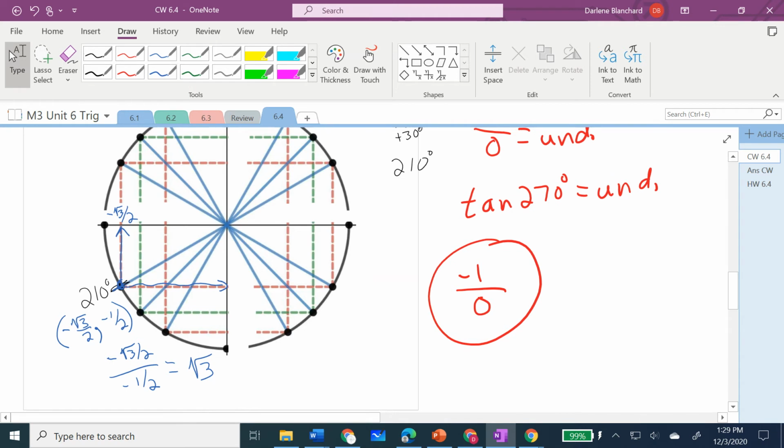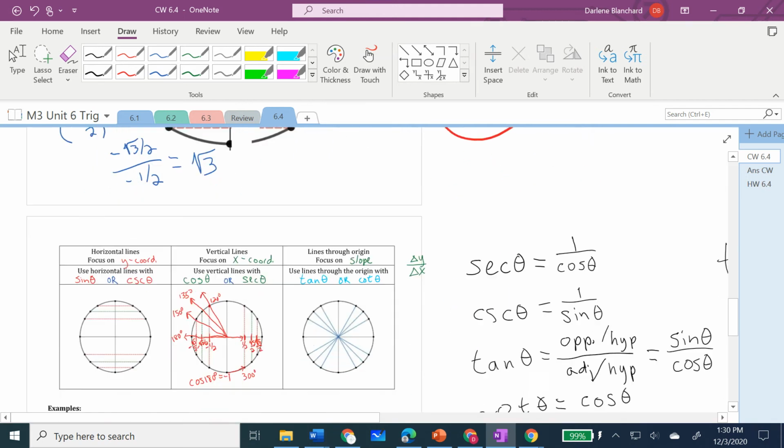It's 1 divided by root 3. If I look at this line right here, can you see that it's within reason to say that that slope is positive 1 divided by root 3? And then the reciprocal is your cotangent, which is positive root 3.